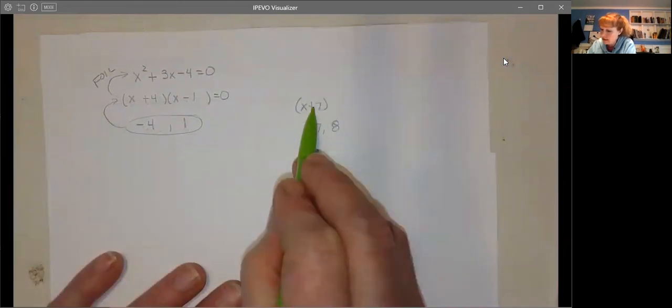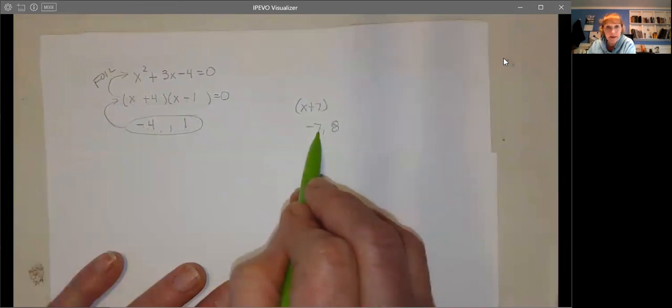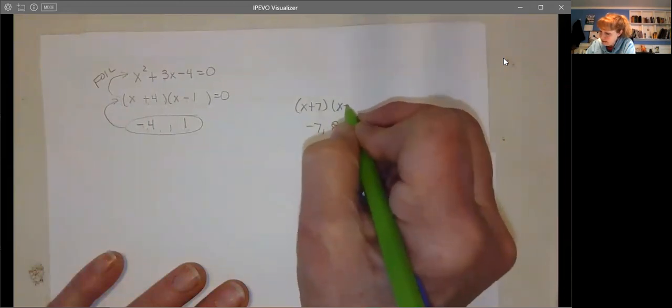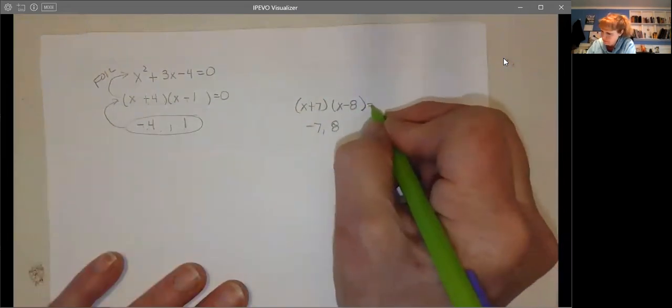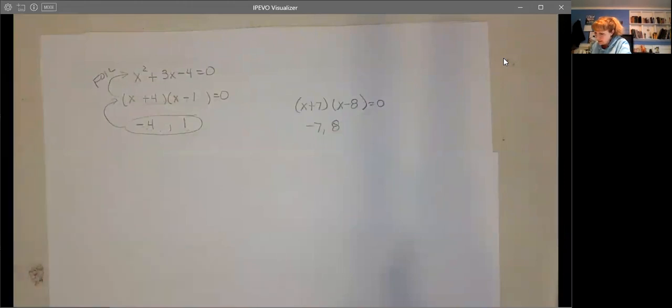Because if I set this equal to 0, I subtract 7 from both sides, and I get that as a solution. If I have a +8, it means I had that as a factor, equal 0. And then you would just use the FOIL method to go one step further. All righty?